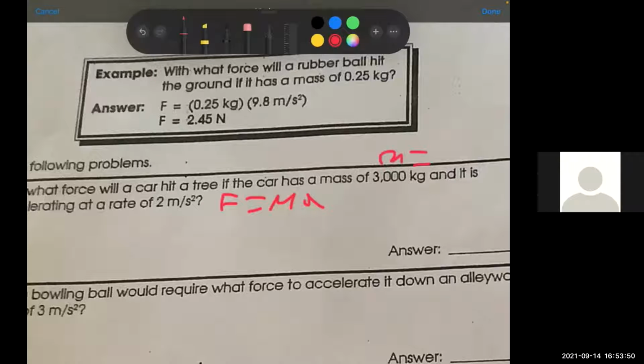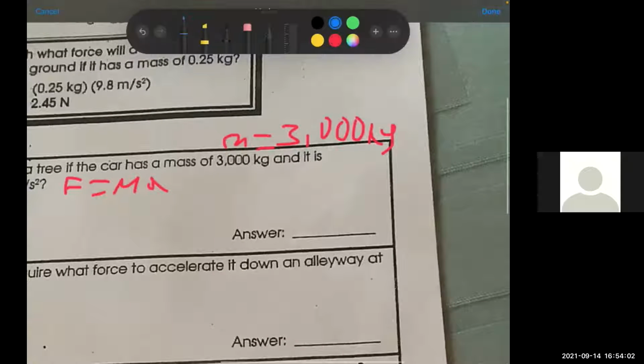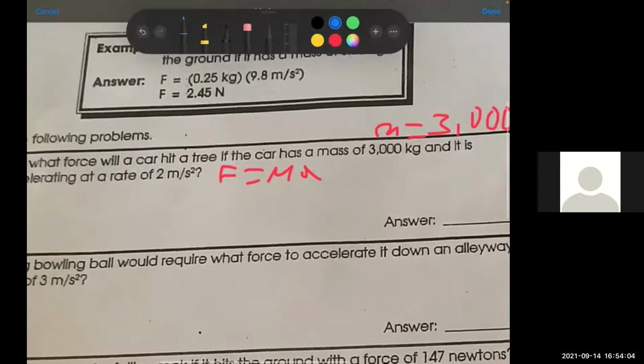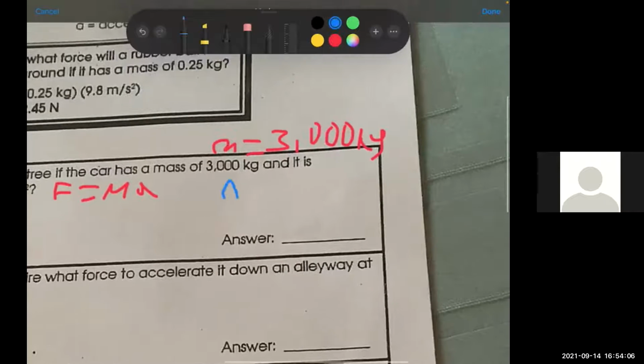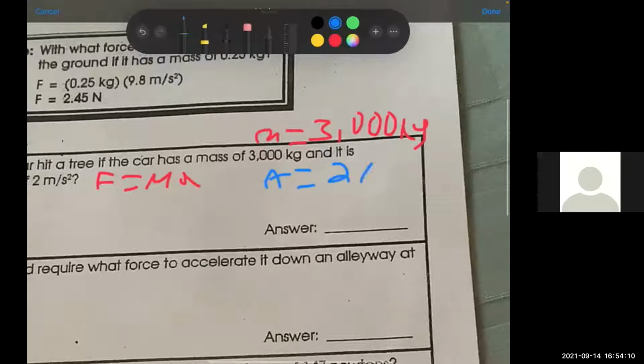It will be 3,000 kilograms, and our A will be 2 meters per second squared.